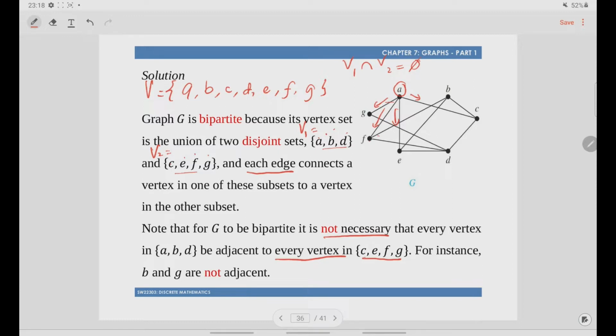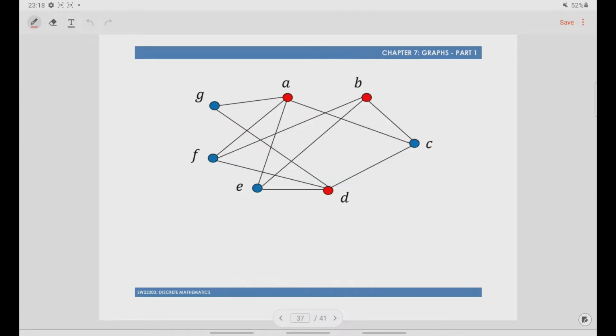So the question is how to actually easily answer this kind of question. How to identify whether the given graph is bipartite or not. So I give you another way, by using colors, by using 2 different colors. For example, we start with vertex A. For the vertex A, we color this vertex with one color.